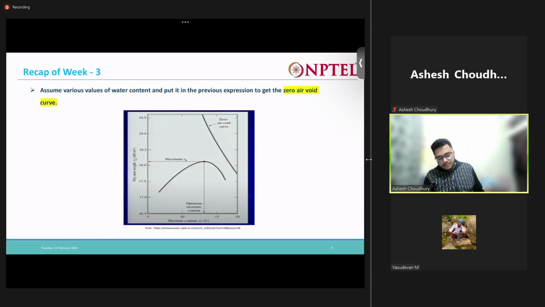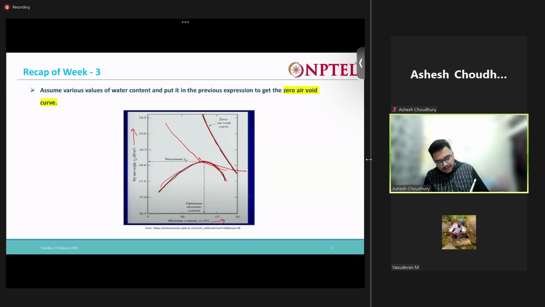So if we look into this curve, this is our bell curve. This is the moisture content this side, this is my dry unit weight this side, and this is my zero air void line. This zero air void line will never touch this bell curve. This is because practically it is impossible to achieve that dry density.